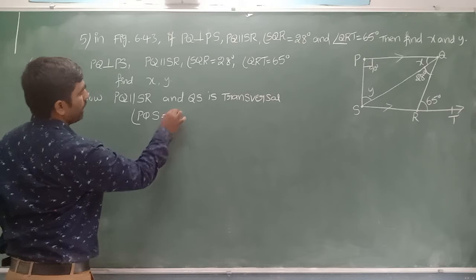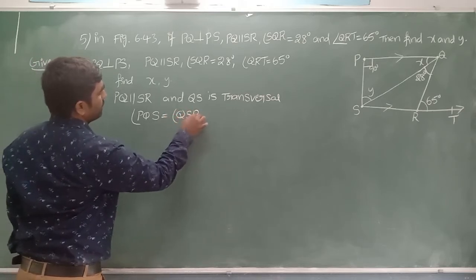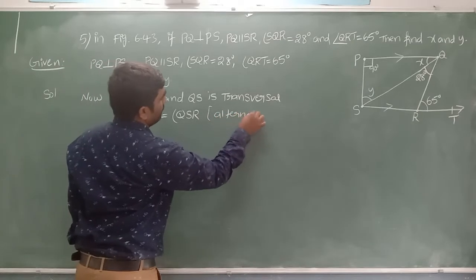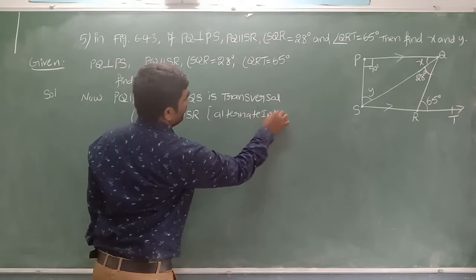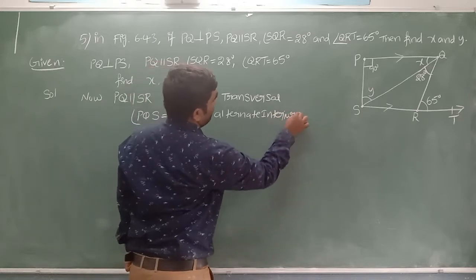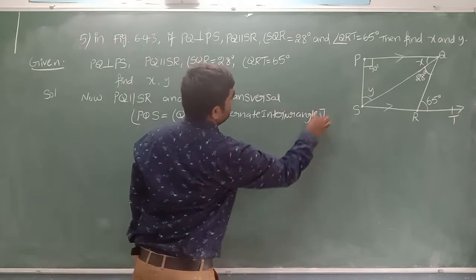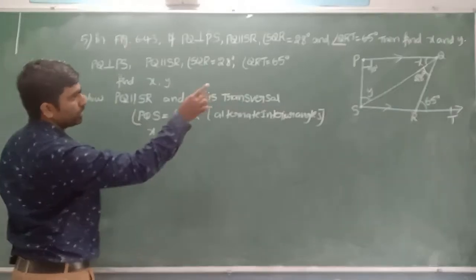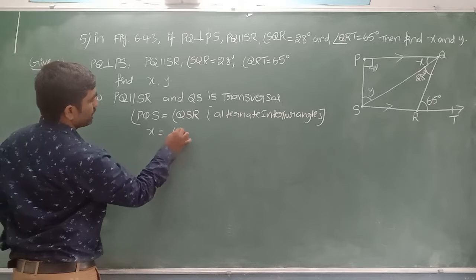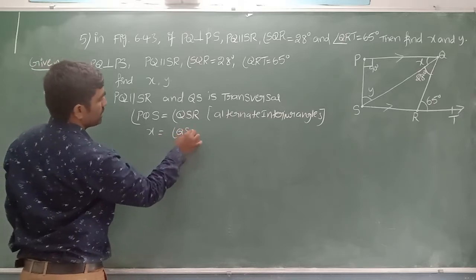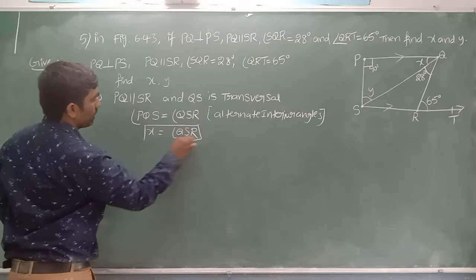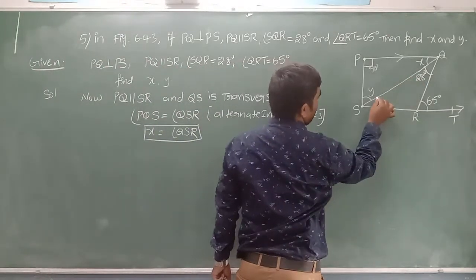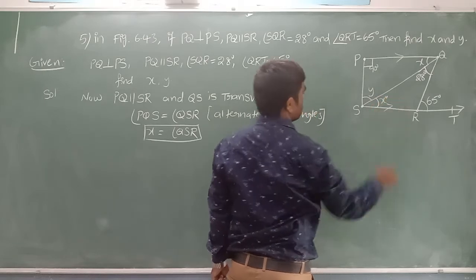Both are alternate interior angles. As PQS is equal to x, angle QSR is also x. We don't know QSR yet, so in place of angle QSR let me write x degrees.